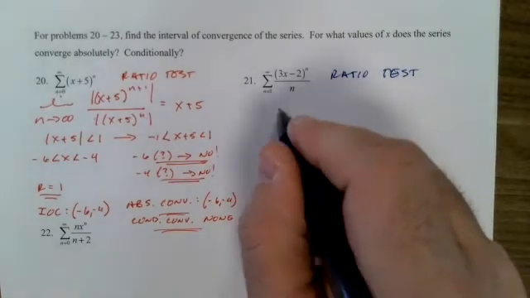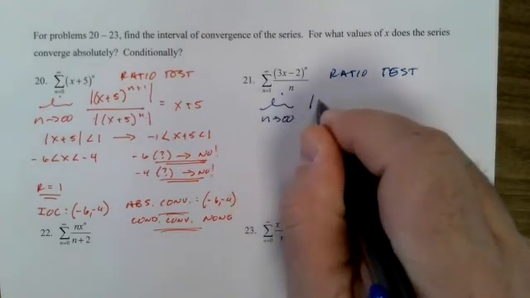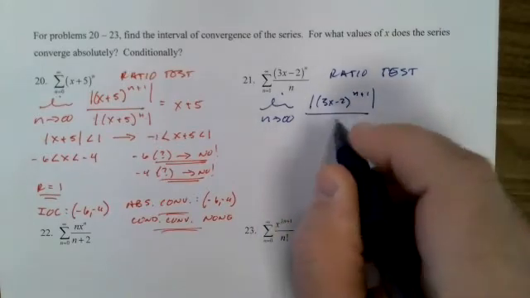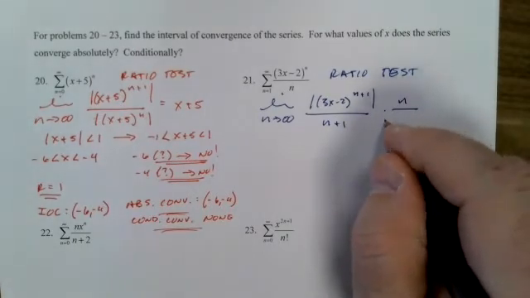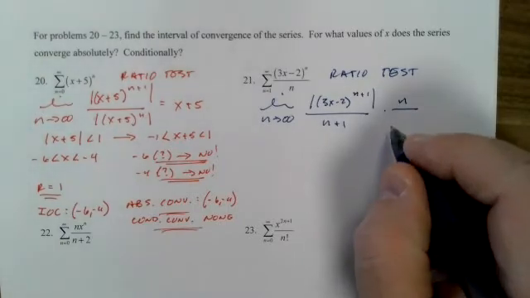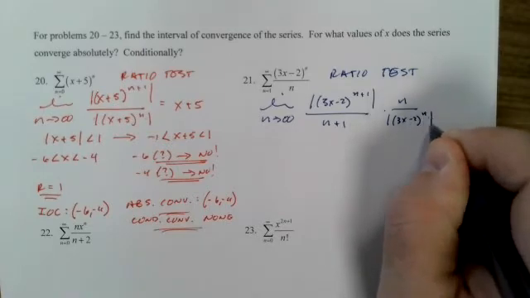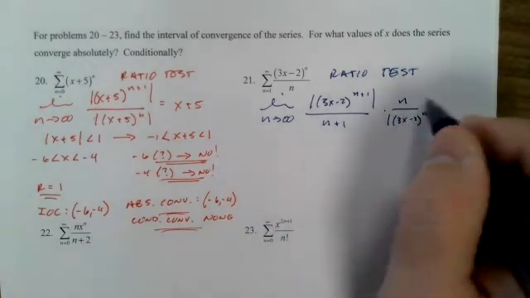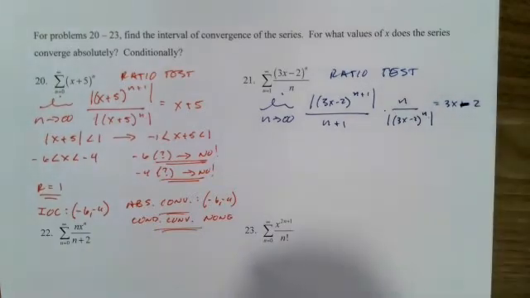So limit as n goes to infinity, 3x minus 2 to the n plus 1 over n plus 1, over n, all right, 3x minus 2 to the n. Hold on, equals 3x minus 2.